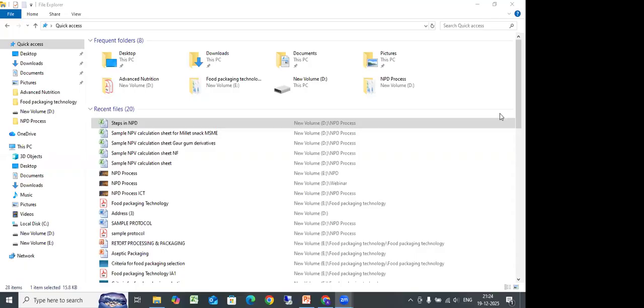And also the batch number, you have to write that. If this is the batch number, the code, whatever the code, then this is the manufacturer. Okay.